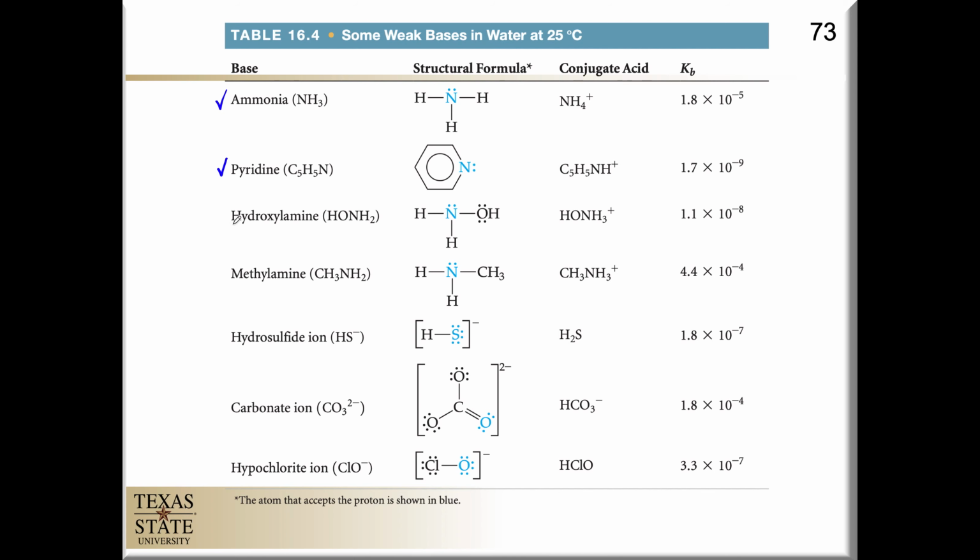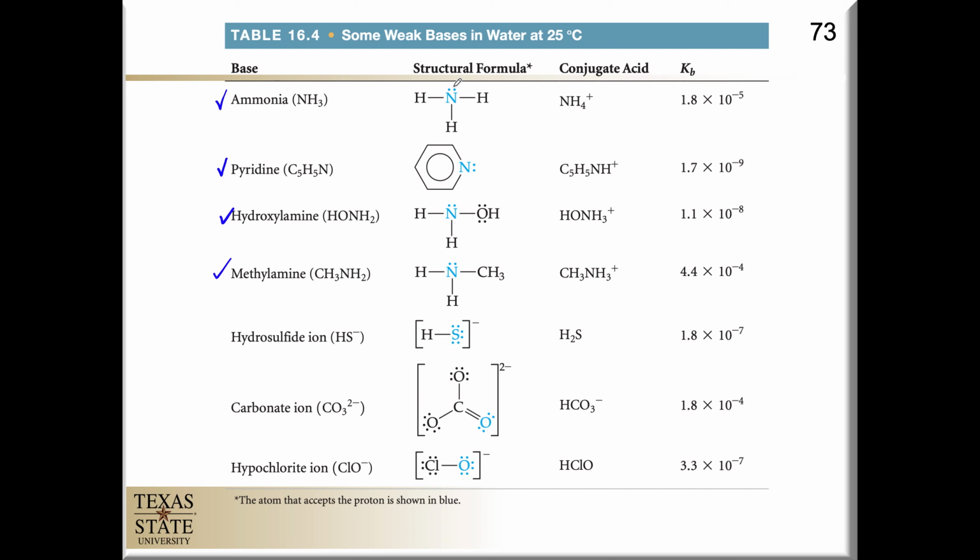Another example of a weak base is hydroxylamine, where we have replaced one of the hydrogens from ammonia with a hydroxyl group. So this is still a weak base, and we're still basically looking at that nitrogen having that lone pair of electrons. There's another example here of a weak base, methylamine, which is the same one that we had in the previous example. The other thing that I want you to see is that the conjugate acid of these weak bases is basically the same molecule after it has accepted another proton, right?